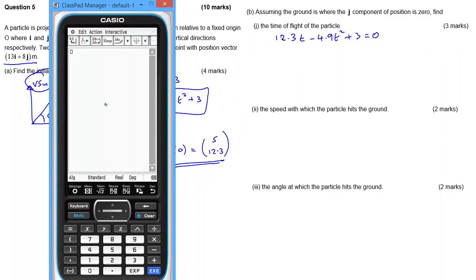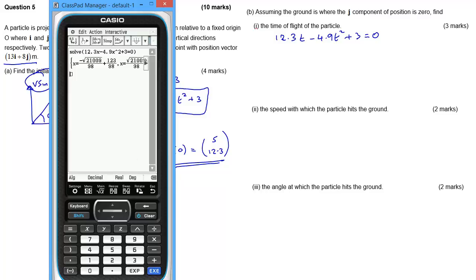So we can solve that on the calculator. Action, advanced, solve. 12.3x, take away 4.9x squared plus 3 is equal to 0.